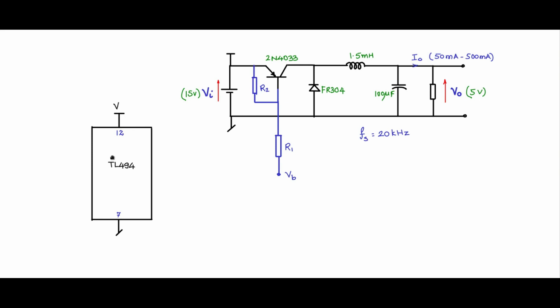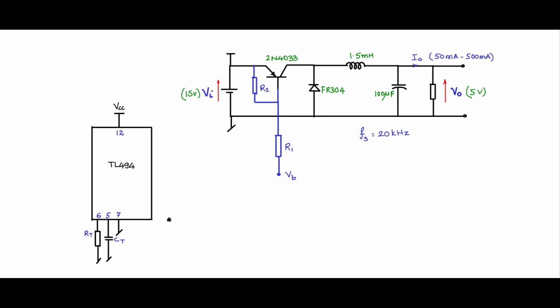Next, I will connect two important components, a timing resistance and a timing capacitance, to pins 5 and 6. A timing resistance RT and a timing capacitance CT, these are precision components. Use a metal film resistance here and use a metallized polyester capacitor for timing.